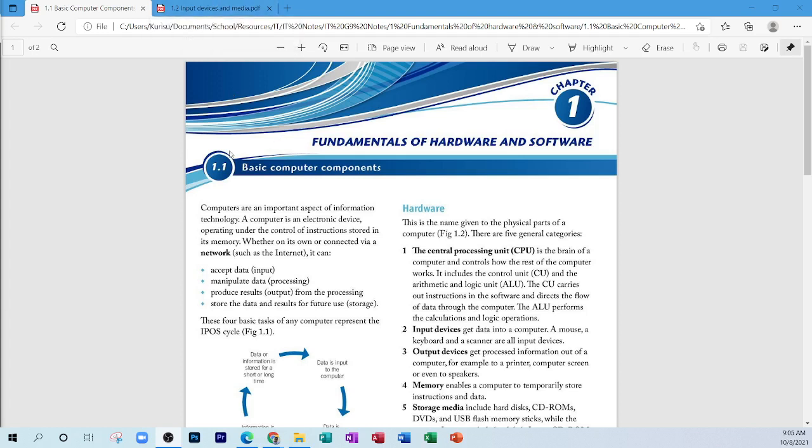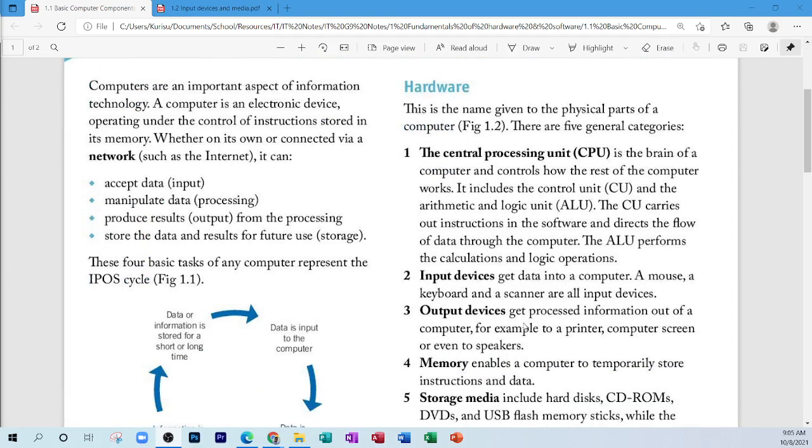Just a quick revision question before we get started. Anyone remember what the two categories of input devices are? Because that is our focus. Manual and automatic. Half right, quarter right.